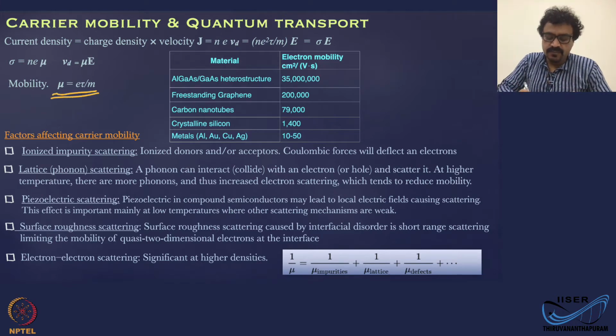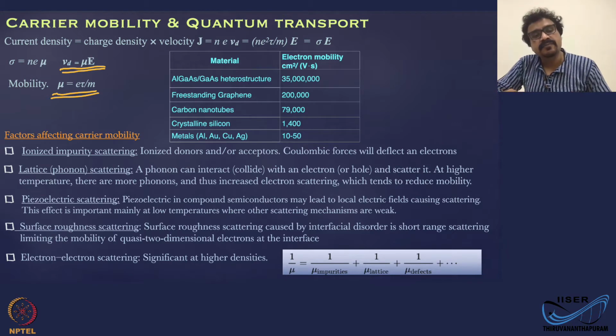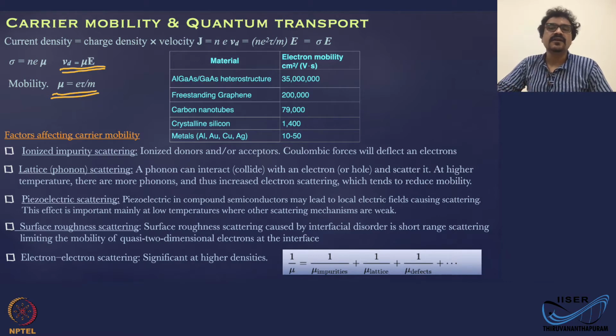This mobility is nothing but the proportionality constant between the average velocity the charge carriers acquire under the application of an electric field E. So mobility relates the terminal velocity that the charge carriers such as electrons or holes acquire under the application of an electric field.